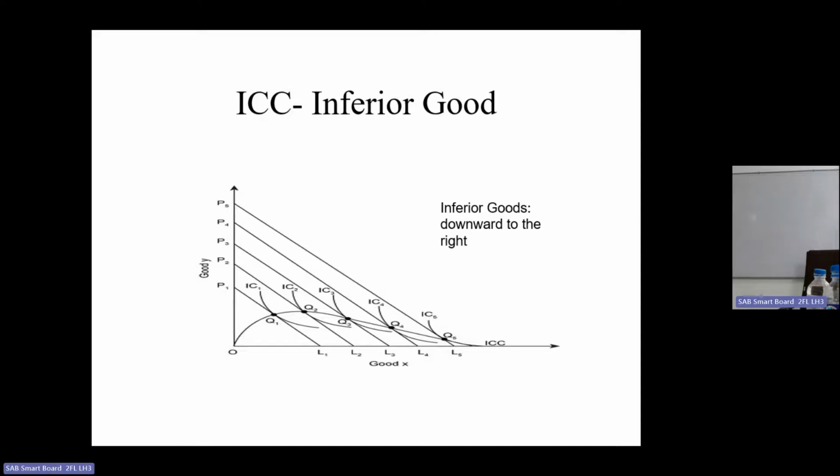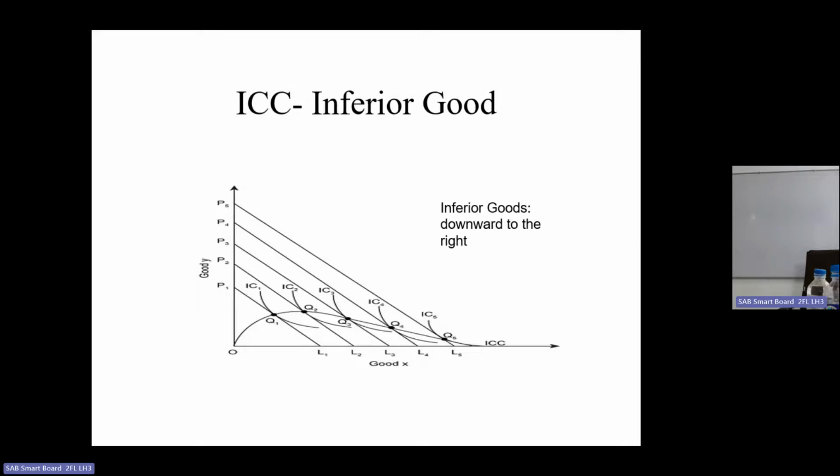Now, product Y is inferior and product X is normal. So when the income level increases, demand for product Y initially increases, it is normal, but later tends to decrease.